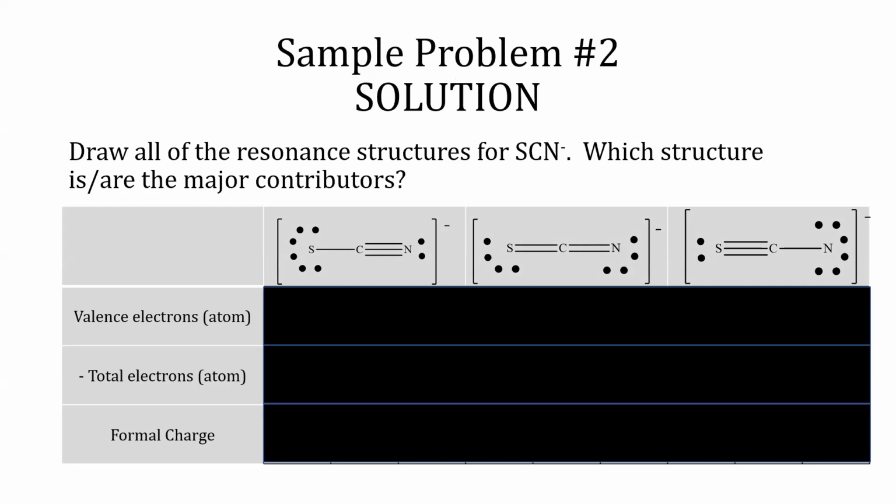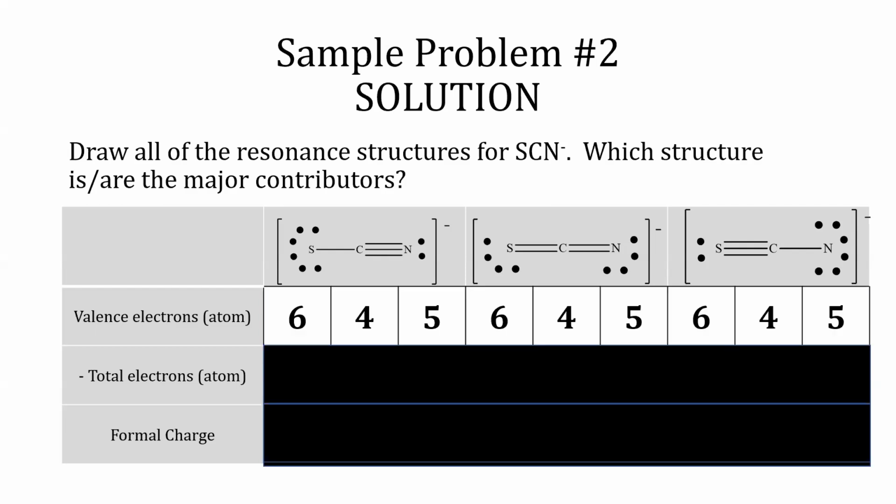The second structure has an SC double bond and a CN double bond. The third structure has an SC triple bond and a CN single bond. All 3 structures have 16 valence electrons. The valence electrons for S, C, and N are 6, 4, and 5 respectively.